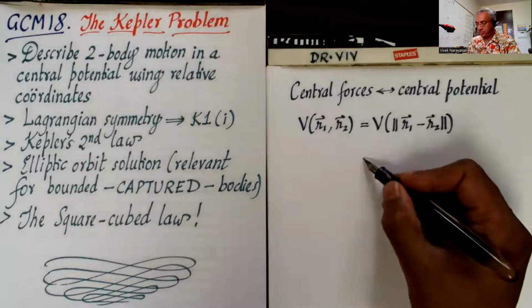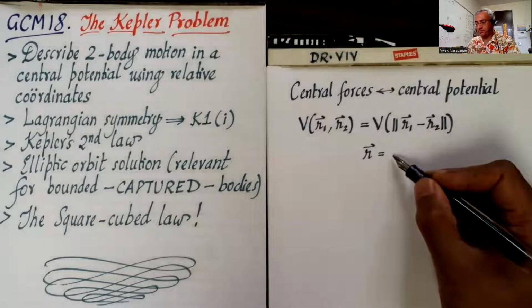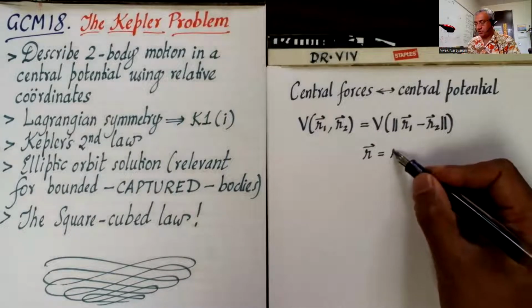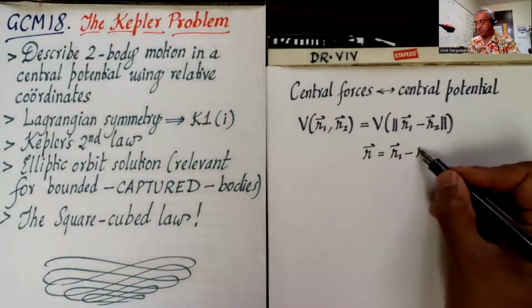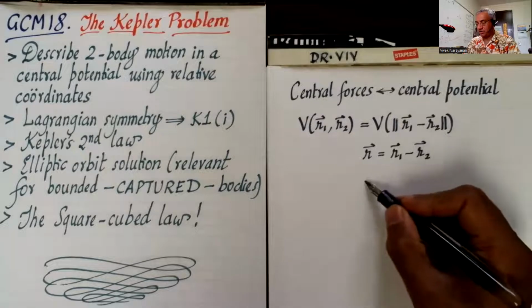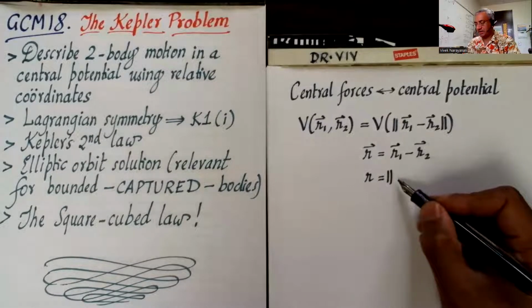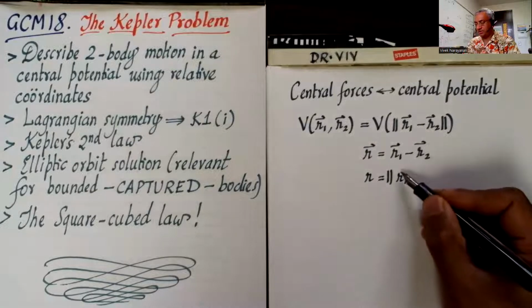I'm going to invent a new vector known as the relative vector, which is the difference between the two vectors. And when I write r by itself without a vector sign, I mean it is the magnitude of the relative vector.